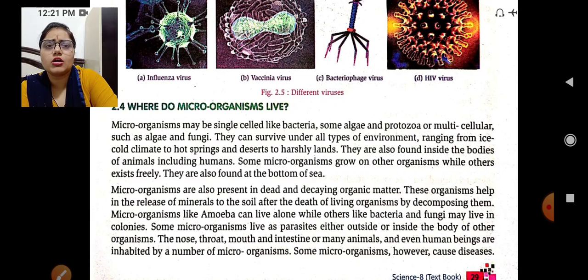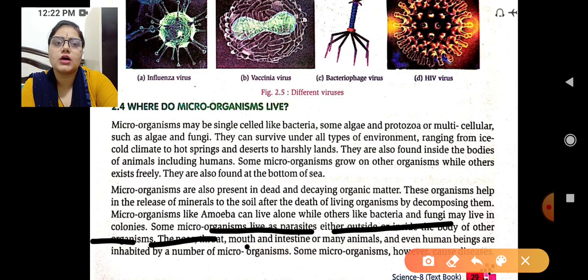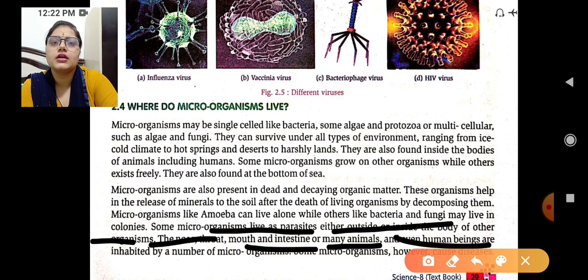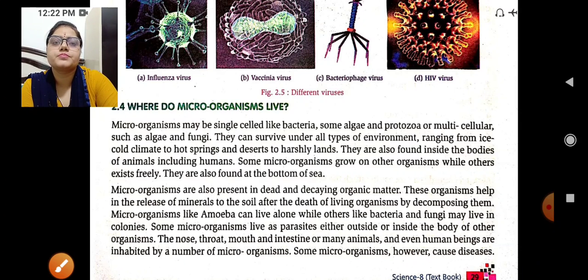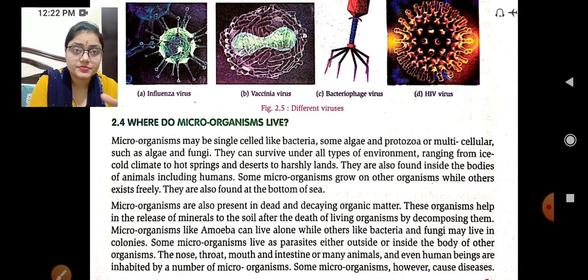Some microorganisms live as parasites, either outside or inside the body of another organism. The nose, throat, mouth, intestine of many animals and even human beings are inhabited by a number of microorganisms. It doesn't matter that the microorganism is only present on the outside of the body; they even live inside the body of animals as well as human beings.